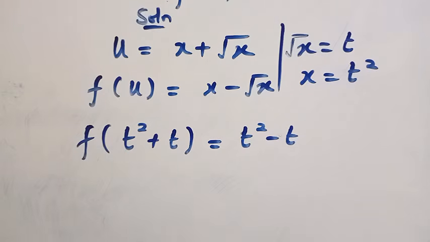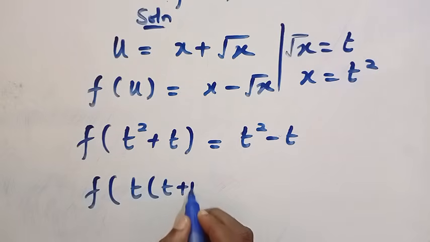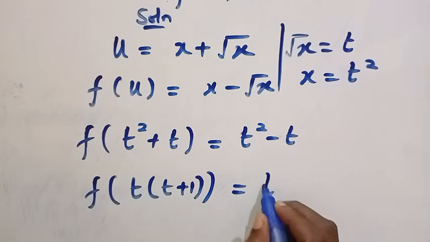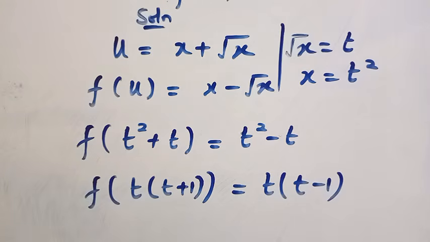The next step is, if I factor out t, we have f of t into bracket t plus 1 equals t into bracket t minus 1.